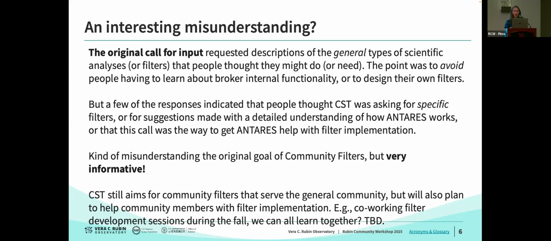But quite a few of the responses indicated that people thought we were asking for very specific, fully designed proposals for filters that would definitely work and be awesome, or that we were looking for suggestions from people who already really knew how Antares worked, or they thought this call was a way to get help with Antares. So there's a bit of a mismatch between what we thought we were asking for and what we heard, but it's extremely informative.